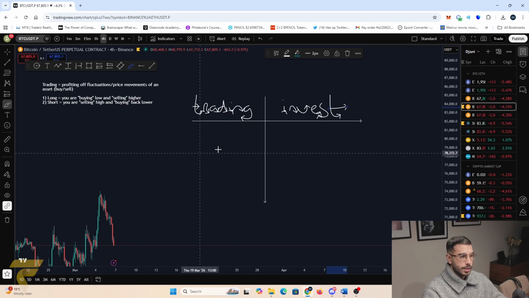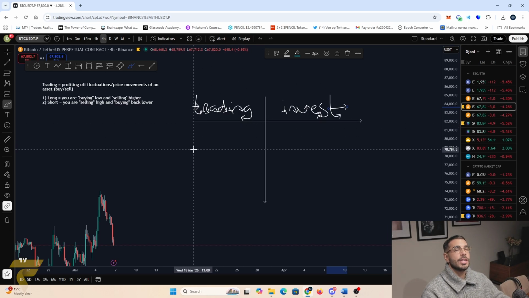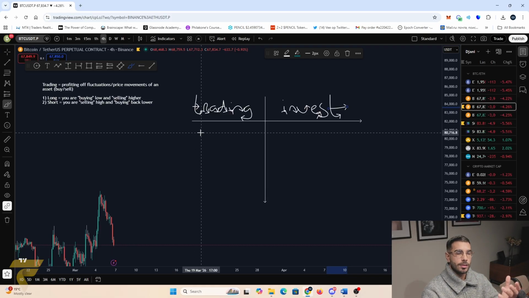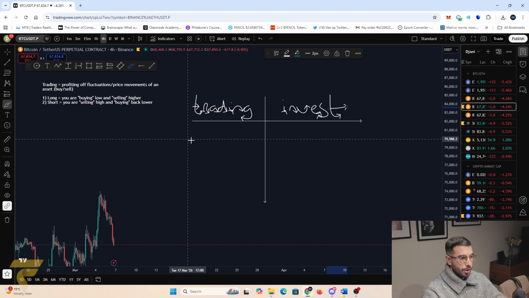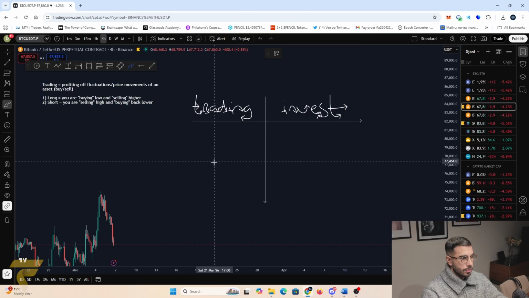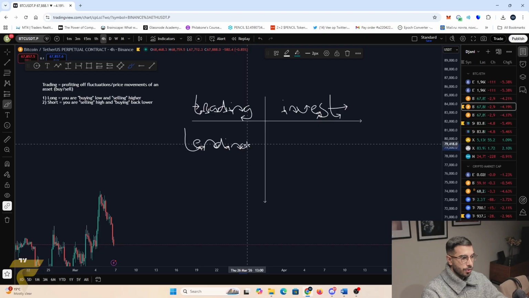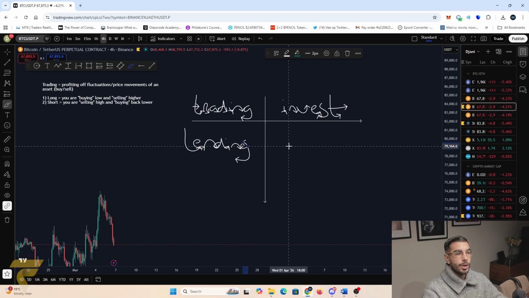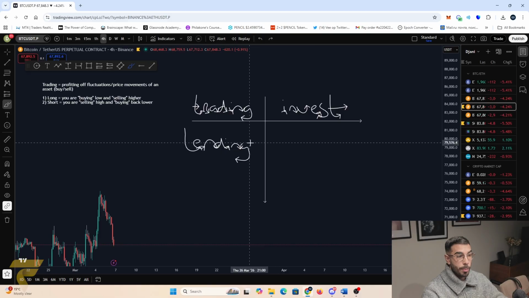First of all, you need to understand that when it comes to trading, you're actually not really possessing anything. You're actually lending something from a specific broker or a specific crypto exchange. Trading is lending, okay? So you are lending crypto assets. And when you're investing, you're actually possessing, as in buying stuff, okay?